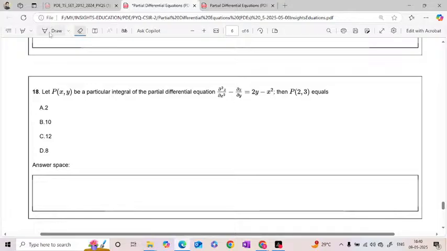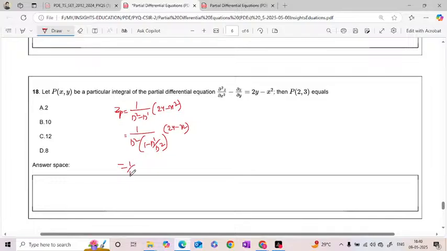Sir, x square y comes. The particular integral here is the equation D square minus D dash into 2y minus x square. So by separating the D square, what will happen? 1 minus D dash by D square into 2y minus x square.